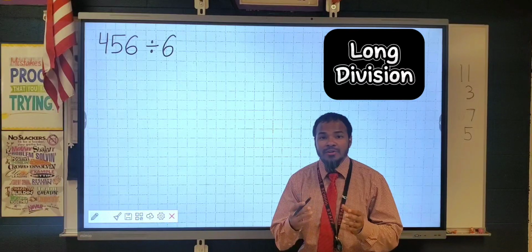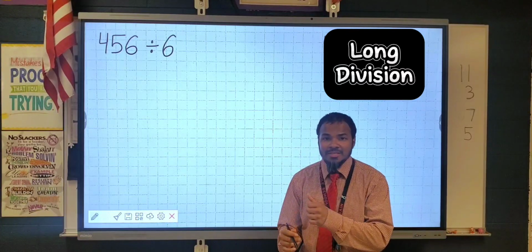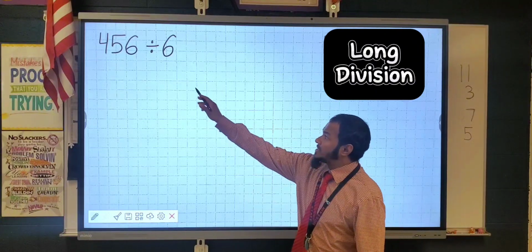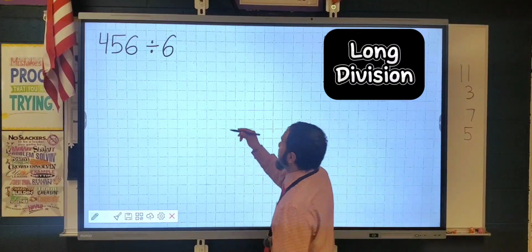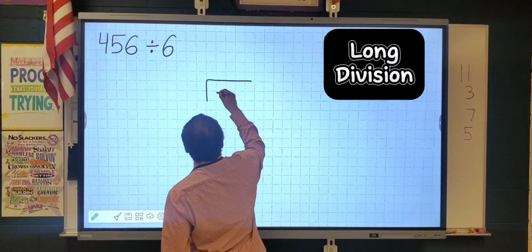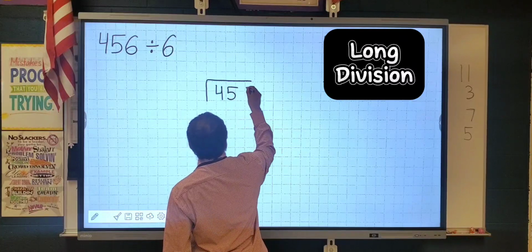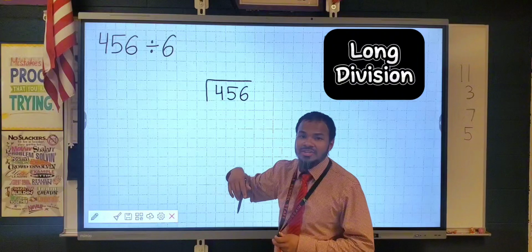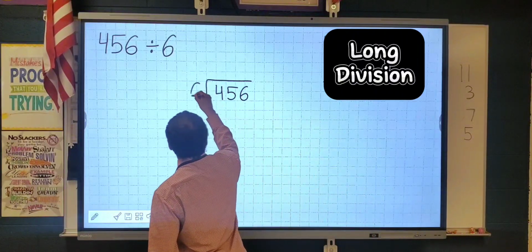Once you understand the structure and how to set it up, then you should be fine. Okay, so now since we understand the structure, let's set this problem up correctly. The first number is the dividend, which is 456. That number goes on the inside. The second number is known as the divisor, and I put that on the outside.